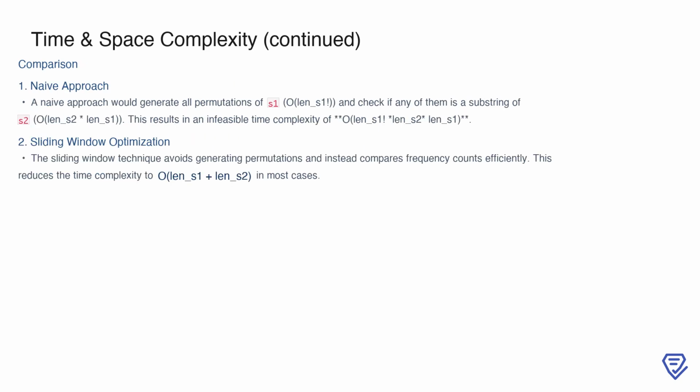When comparing this optimized approach to the naive method, the difference becomes clear. A naive solution would generate all permutations of S1, which involves len_S1 factorial time. Each permutation would then be checked against substrings of S2, requiring len_S2 * len_S1 time. This results in a prohibitive overall complexity.